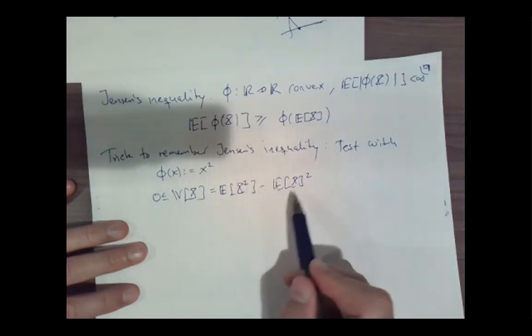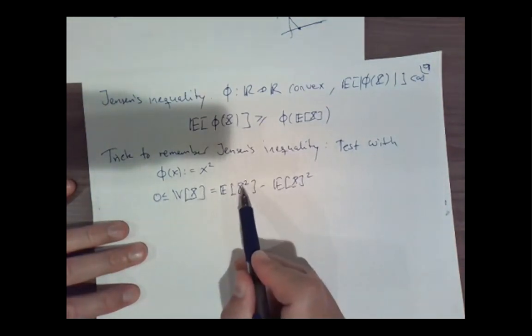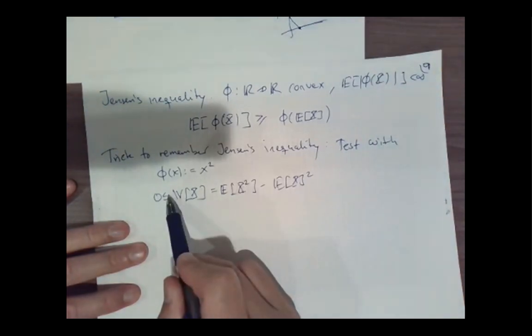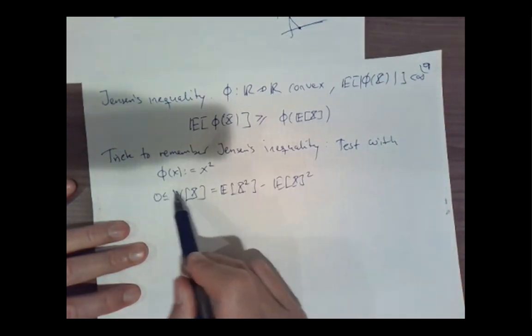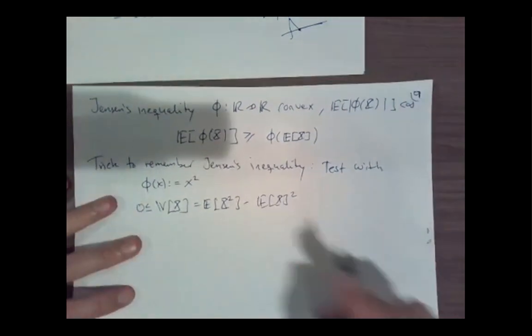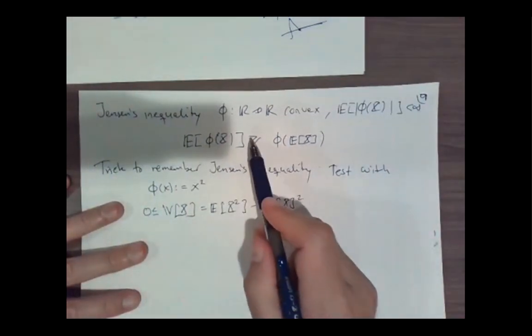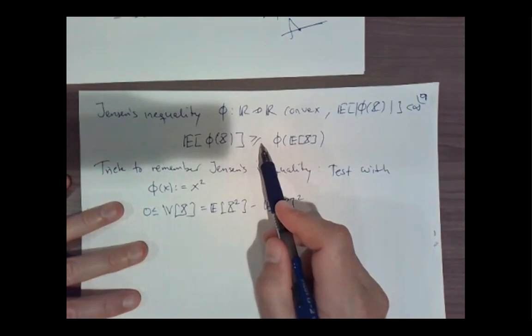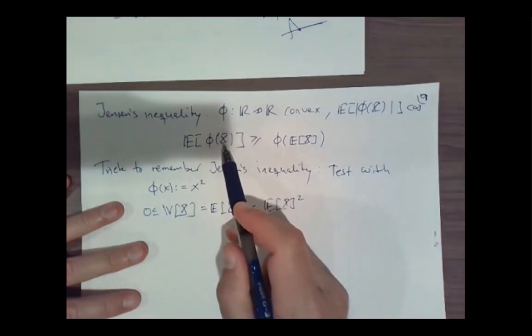So then you can move this term to the other side, and you can see you get something that is bigger when the square is inside than when it's outside. This is just an easy way to remember or to figure out what way Jensen's inequality goes. You get something that is bigger when you sit inside.